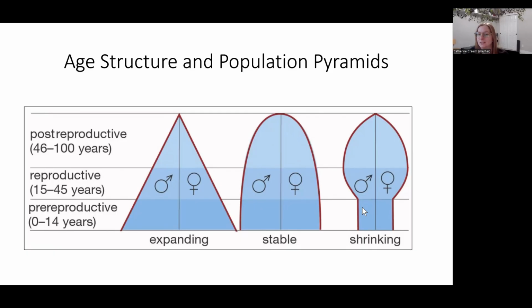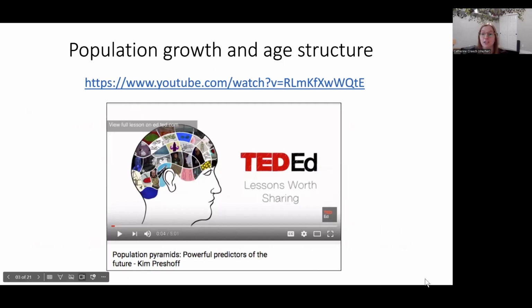I almost call these adults, they're not adults. So less pre-reproductive than reproductive, and there's even more post-reproductive. So the trend is you're on average having less children and your population is shrinking. I've got a TED Talk for you to watch that's going to show these pyramids in action and discuss what's going on with them and how they're used to measure populations. Really interesting. I'm excited for you to check it out.